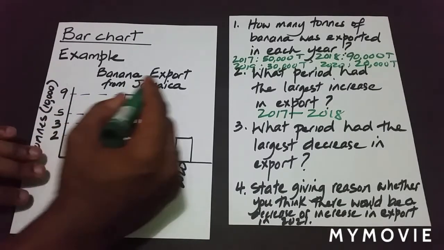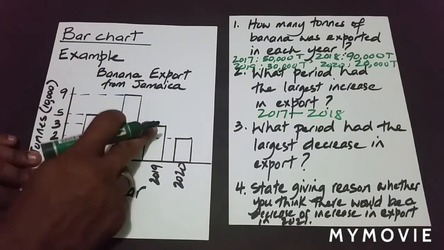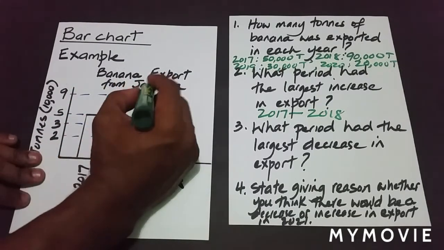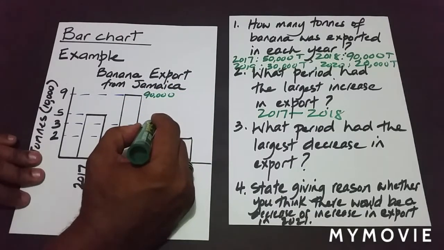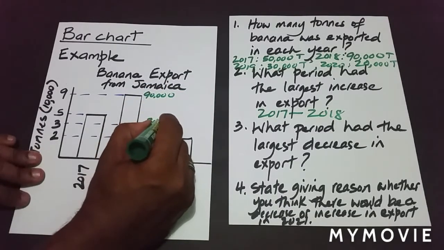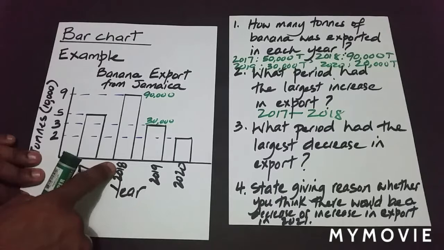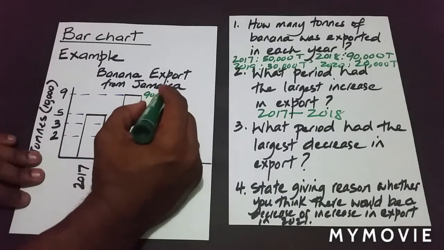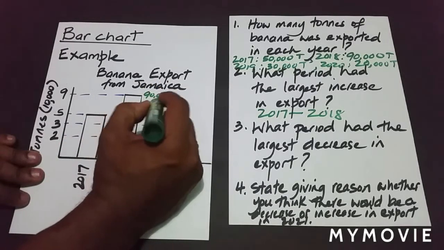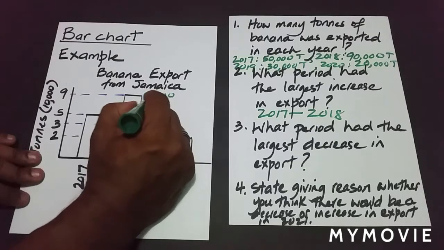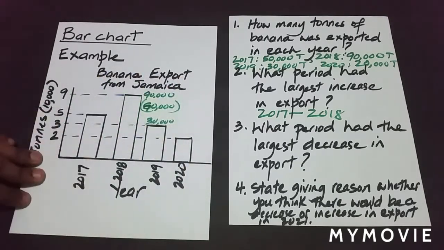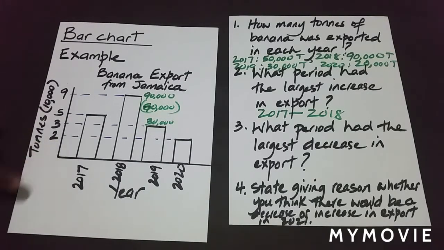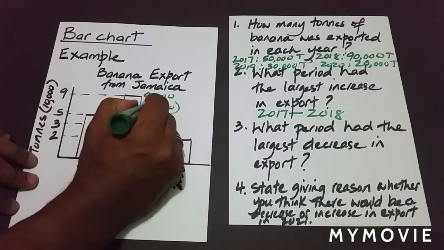This would have reflected 90,000 tons. This would have reflected 30,000 tons. So between 2018 and 2019, there would have been a difference of 60,000 tons. 90,000 minus 30,000, you have 60,000 tons here.